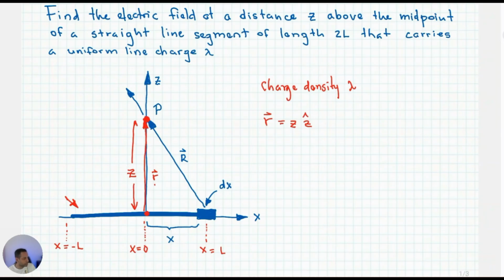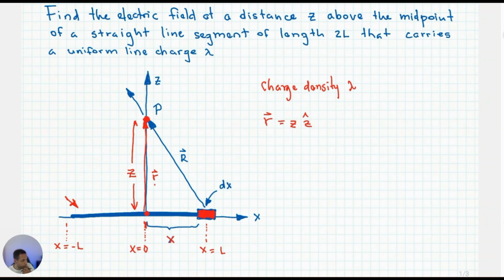Now we want to take a small piece of charge somewhere on the line. Since the line lies on the x-axis, the position of this small charge element is x. This x is the position from the origin, x equals 0, to the point where the element of charge is.